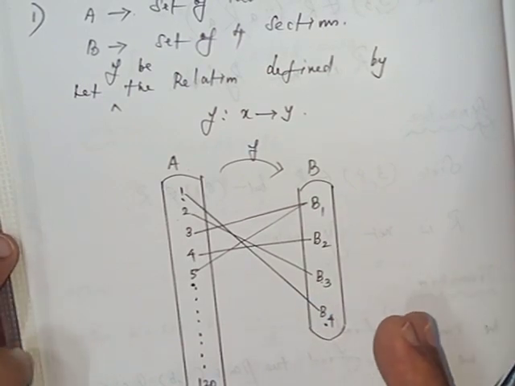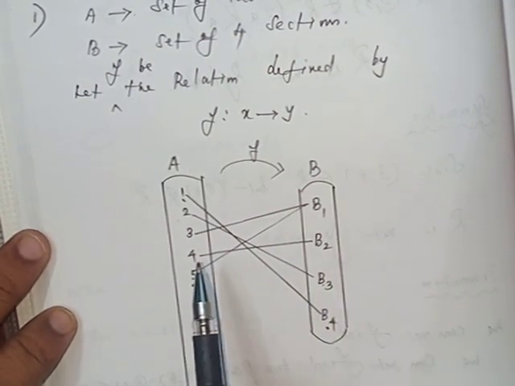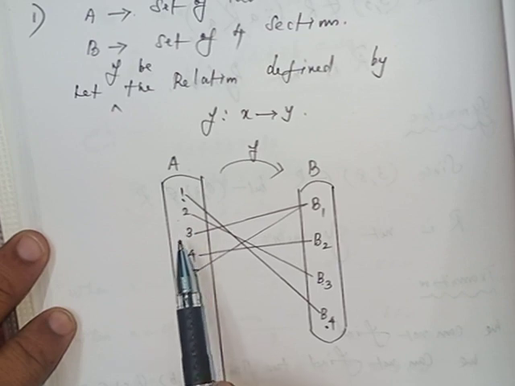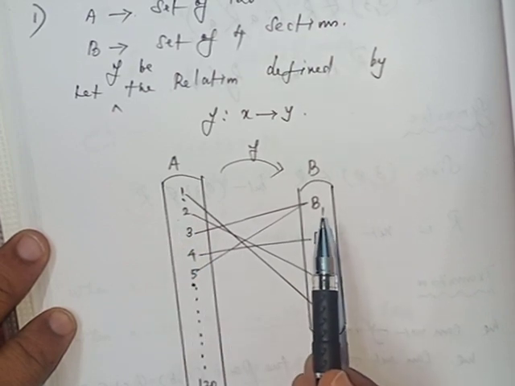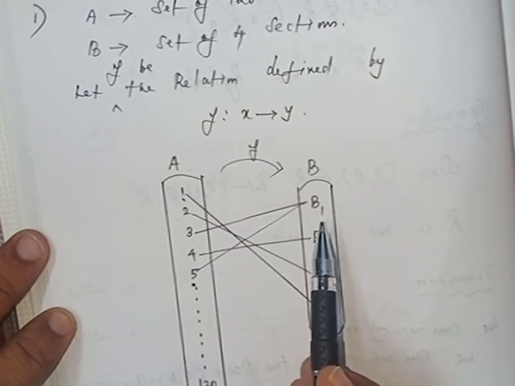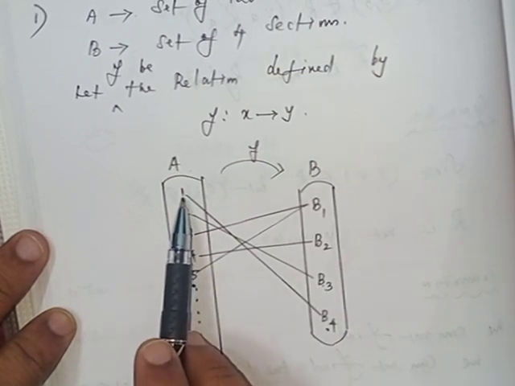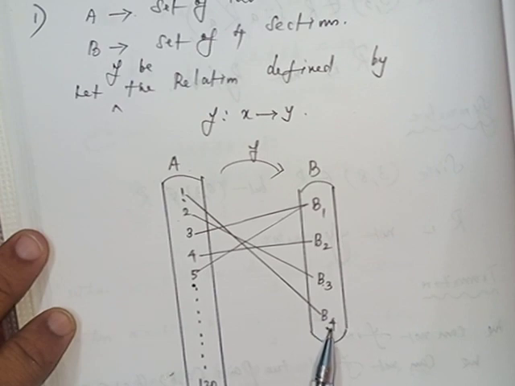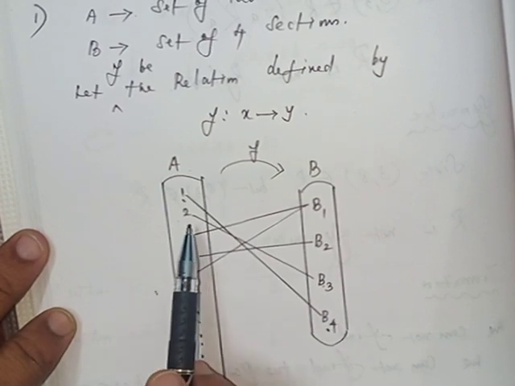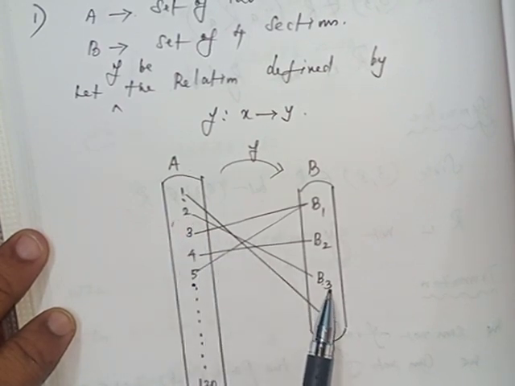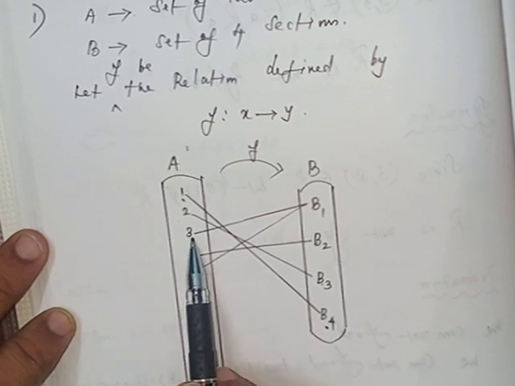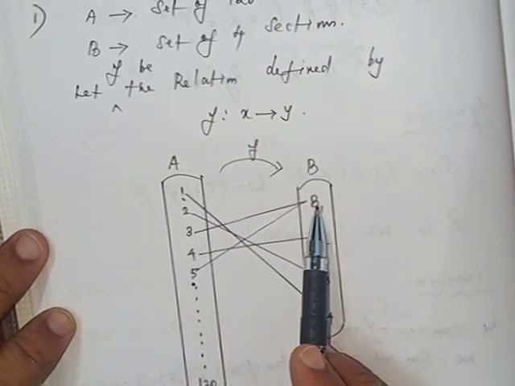According to the definition of a function, each and every element of the domain must have a unique image in the codomain. Look at that. 1 has only one image. 2 has only one image. 3 has only one image.